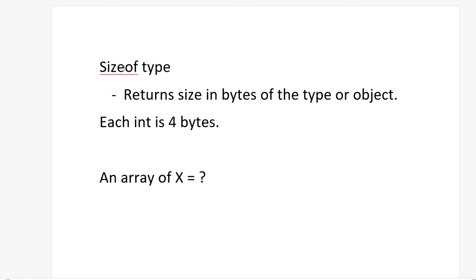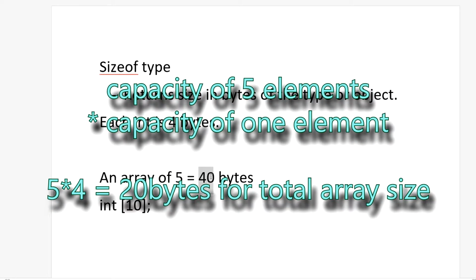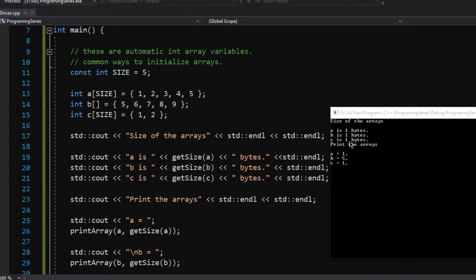Each int, let's say, so we're using int, has 4 bytes. So an array of 10 elements, for example int[10], would be 10 times 4, which is 40 bytes. All of the arrays in our example have 5 elements, so that should be half. So they should return 20 bytes, but I'm getting 1 for each.